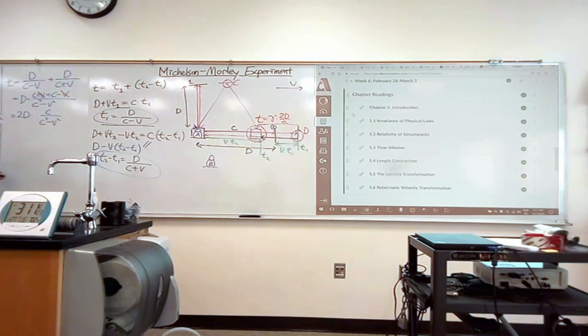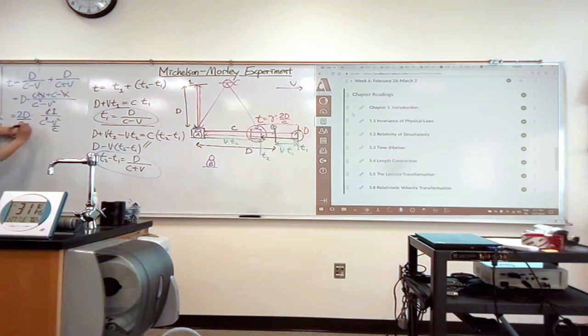Let me do it in two steps. Multiply top and bottom of this fraction by 1 over c. That makes the numerator 1 and the denominator c minus v squared over c, right? And I'm going to factor out this c from the denominator.